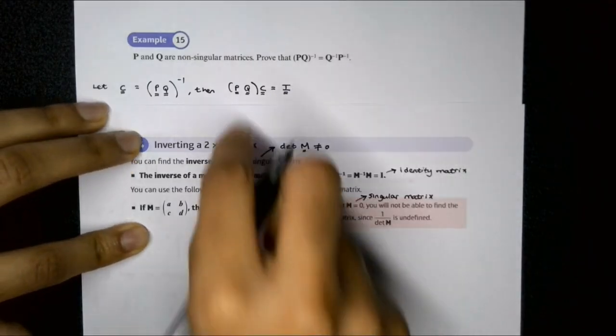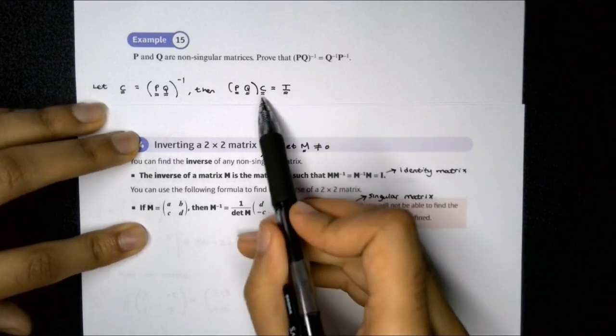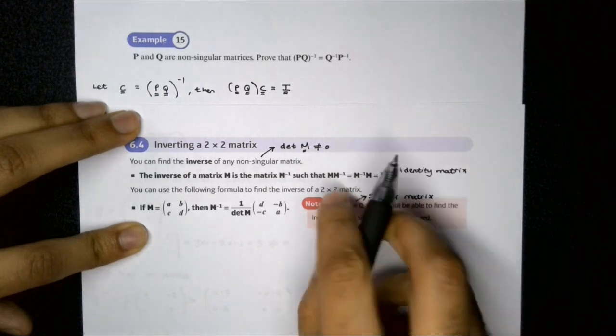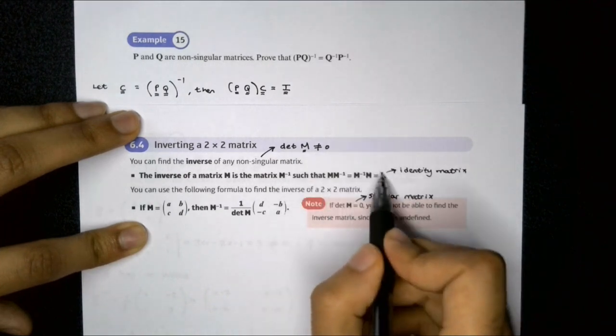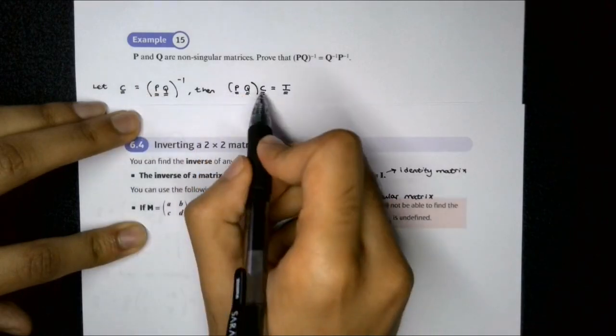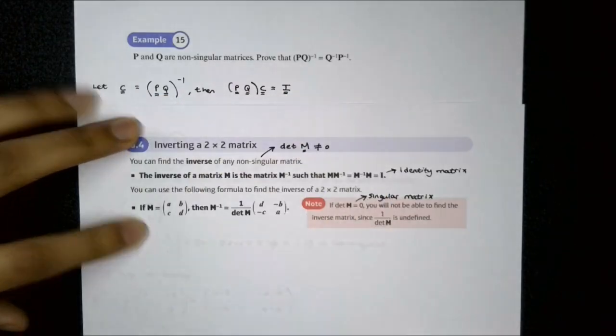And that makes sense. We have PQ, which corresponds to this M essentially, multiplied by C, which corresponds to the inverse of M, and multiplying these two together will give us I. So you can see here we get the result of I.